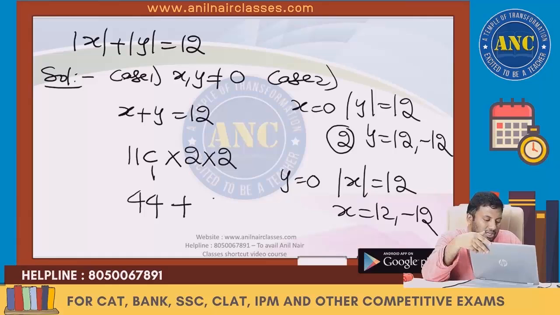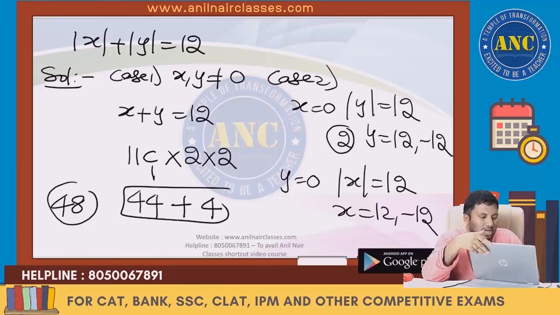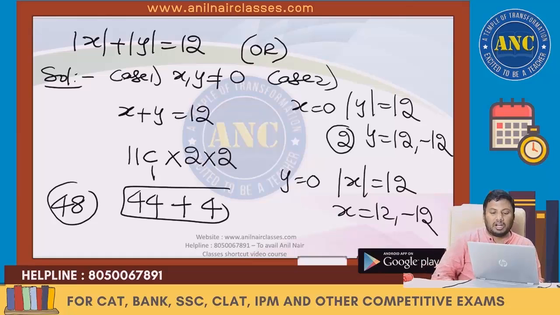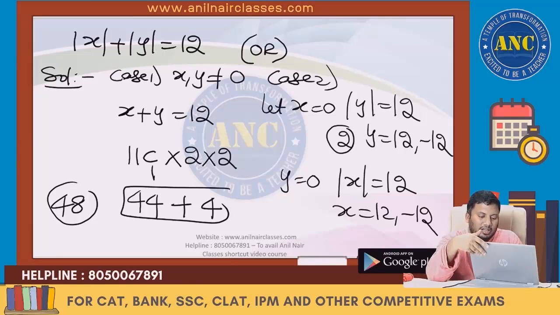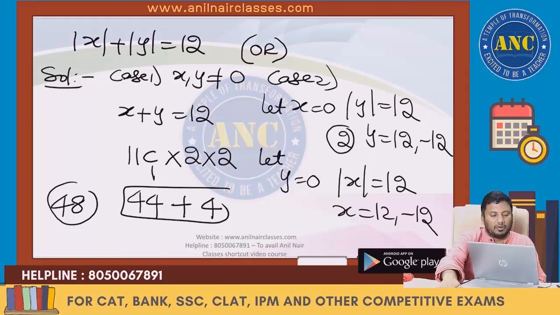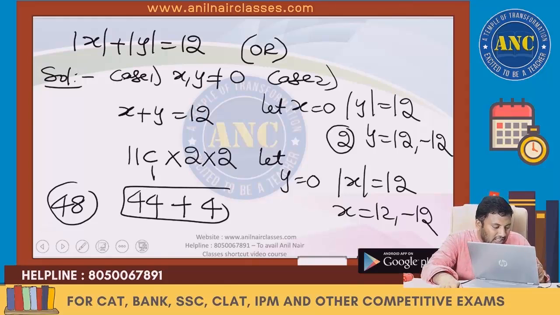Our condition is plus. 44 plus 4, 48. Case 1 or case 2: x and y can be 0 or x and y cannot be 0. I hope it is clear to you. Case 1, xy not equivalent to 0. Case 2: let x equal 0, let y equal 0. 44 plus 4.